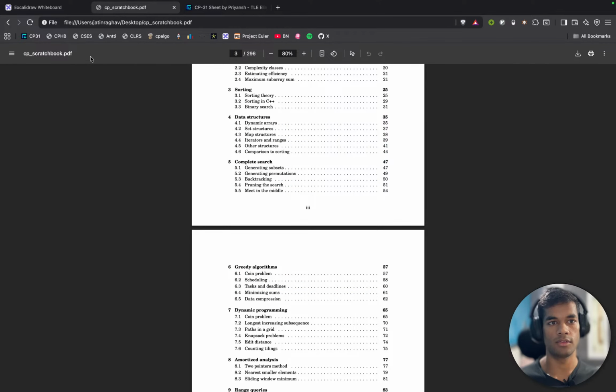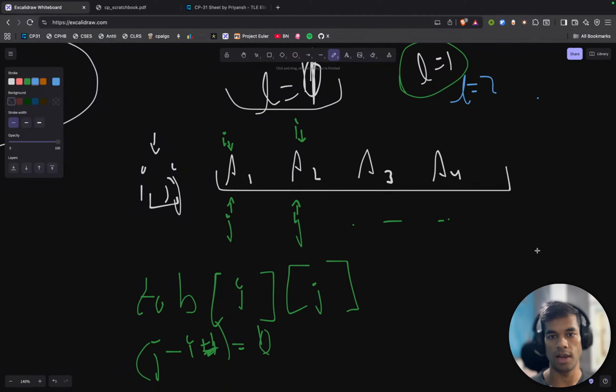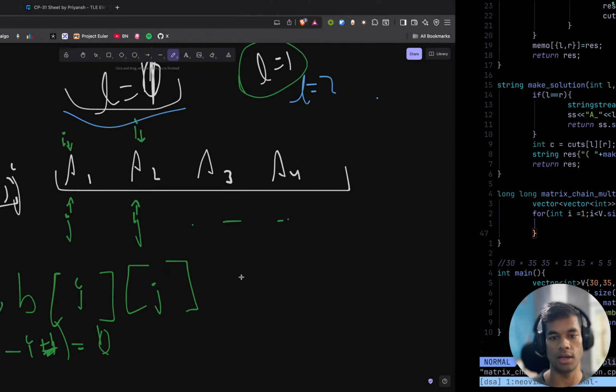Okay, so that seems cool. We will have a length which is increasing.